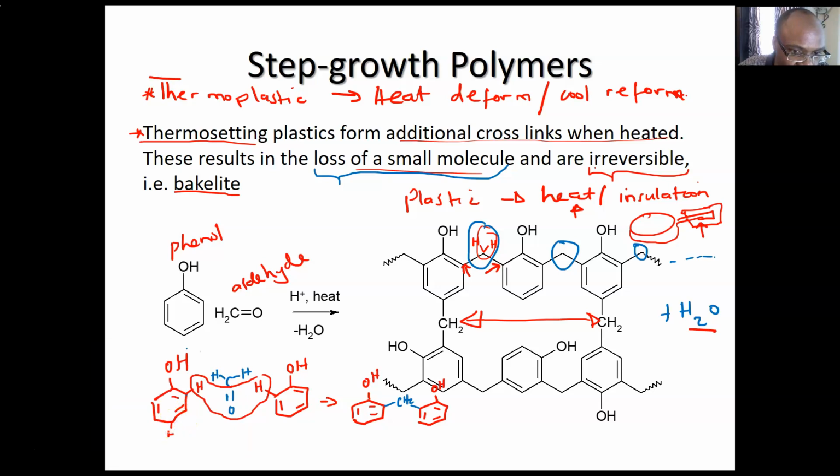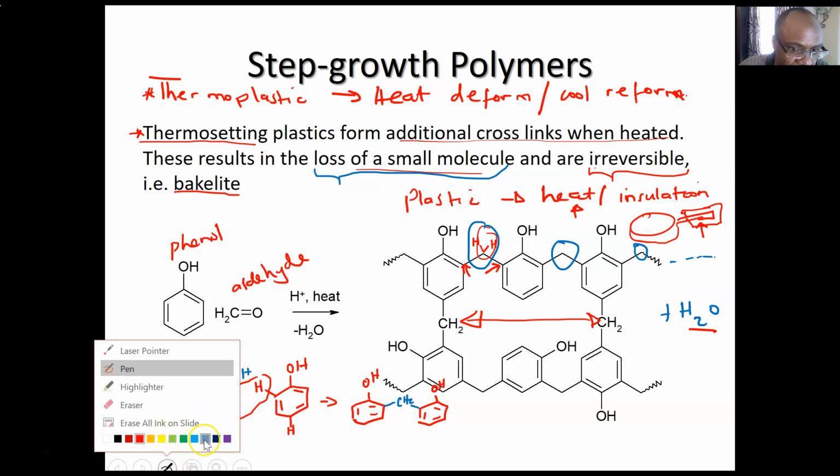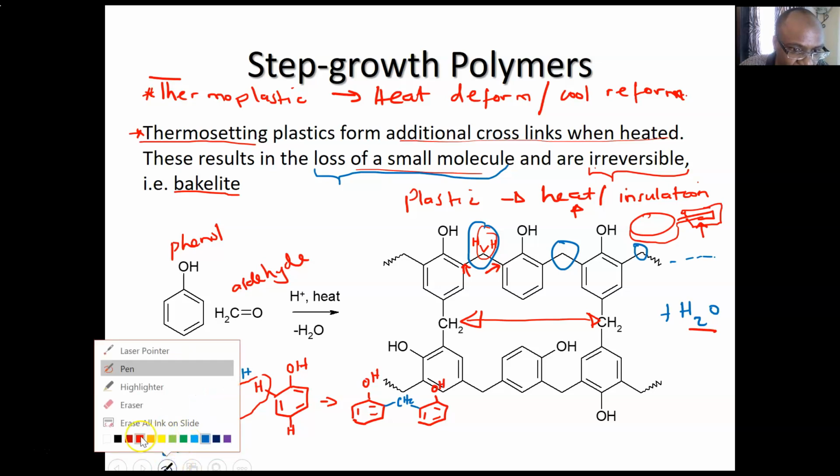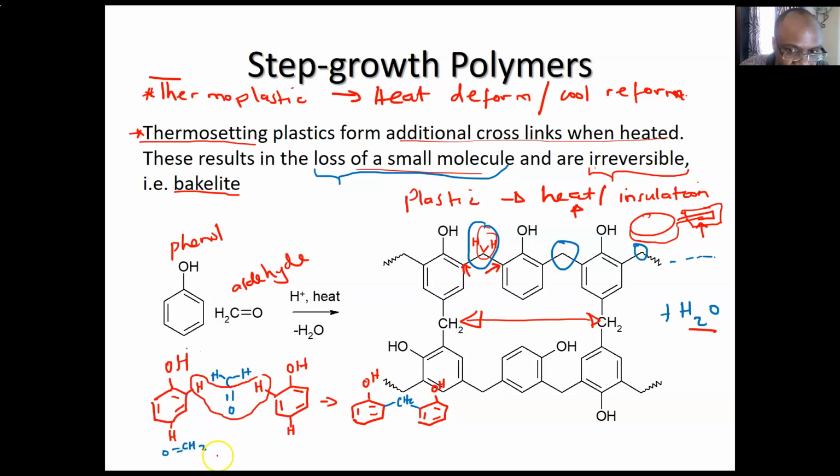to see how bakelite is formed. So you have a hydrogen, okay, and then you still have your CH, you have your aldehyde, so to speak. You have your aldehyde and you have your oxygen, and then you still have your phenol. I don't know where I'll put it.